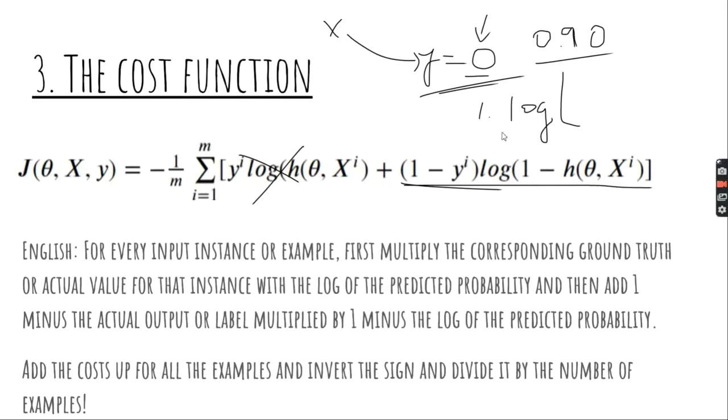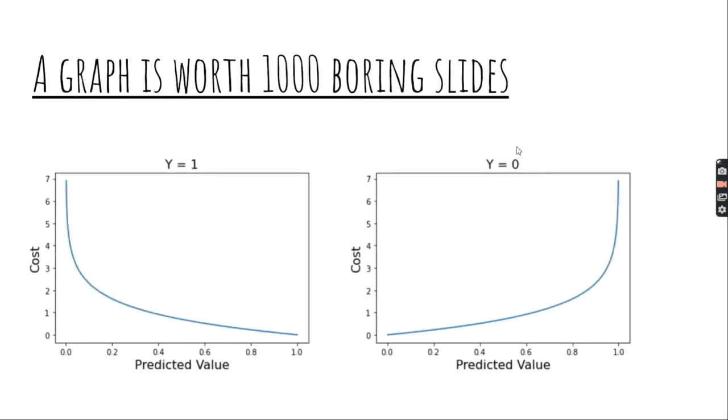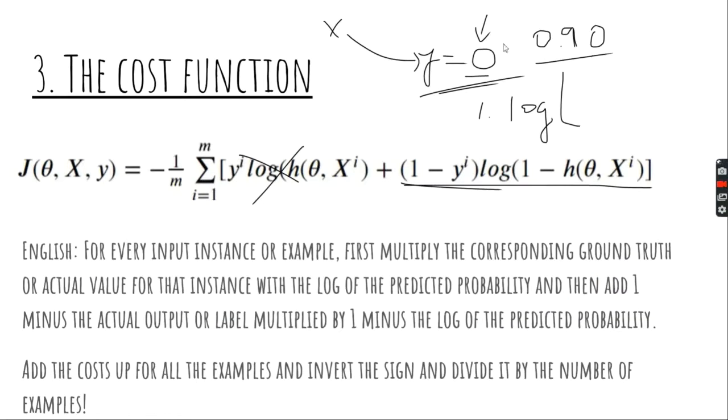So 1 minus 0.9 would be around 0.1. So again, we can see that at 0.1 here, the cost is very low, which is as it should be because the probability of our input vector belonging to the negative class is 90% in the case when it should actually give the output of negative class. So we are on the right track.